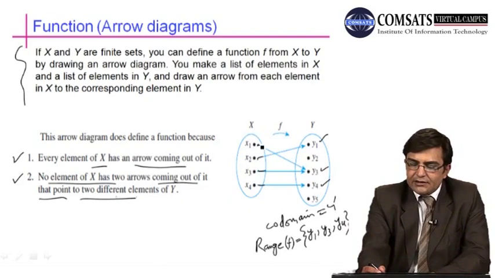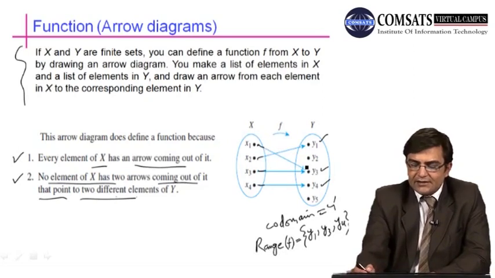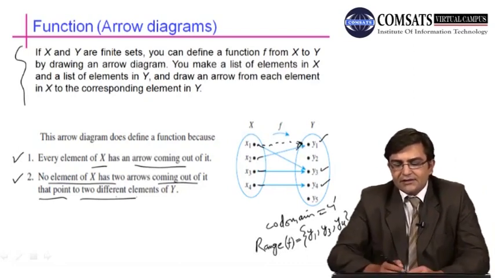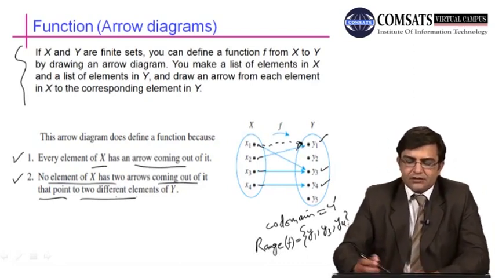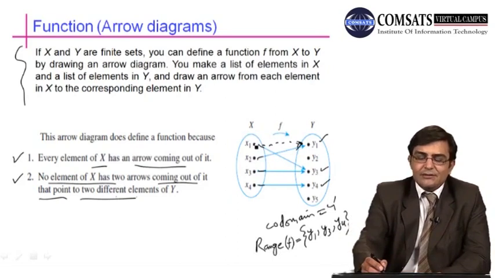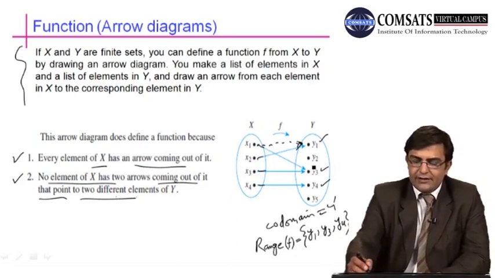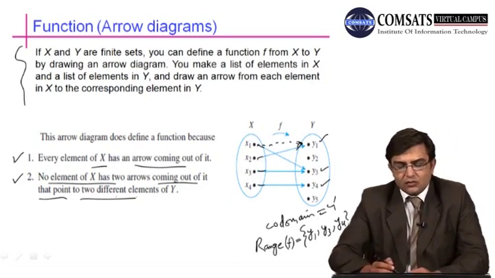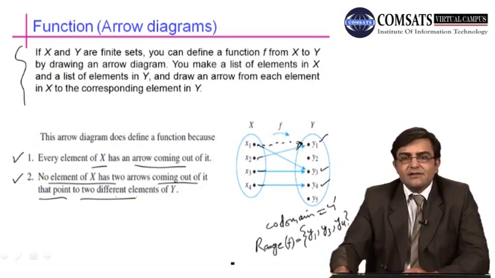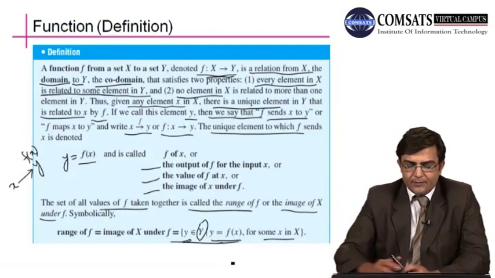From each element there is only 1 arrow coming out. If x1 is related to y3 and x1 is related to y1 also, then this is not a function, because there is an element x1 in x which is related to 2 different elements in y. This violates the second condition of the function.